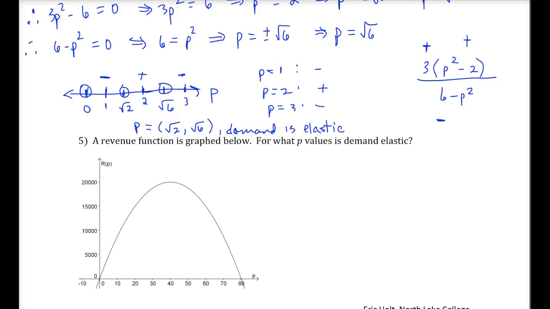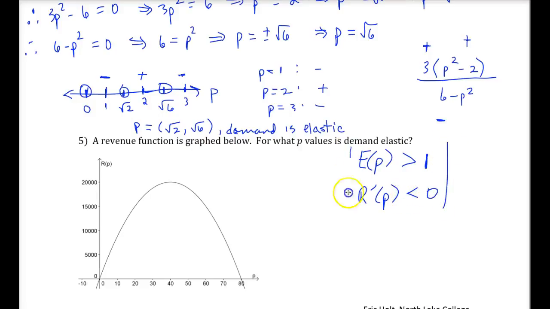All right, so looking at this graph, we have a graph of revenue, and we want to know for what values of P is demand elastic. Well, one of the things that we know from our previous problem is that if demand is elastic, then the elasticity of demand is greater than 1, which tells me that the rate of change of revenue is decreasing.